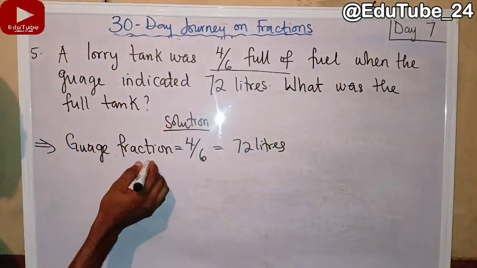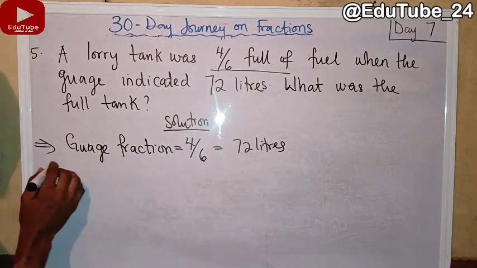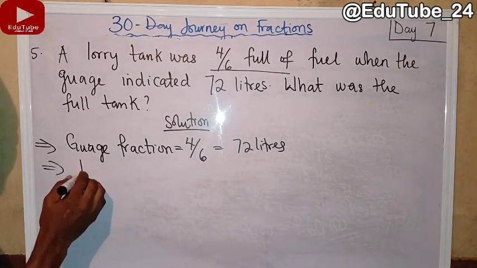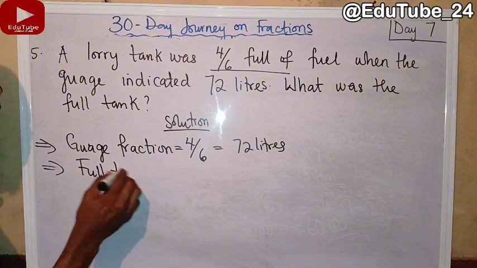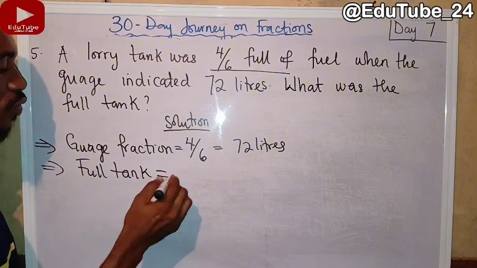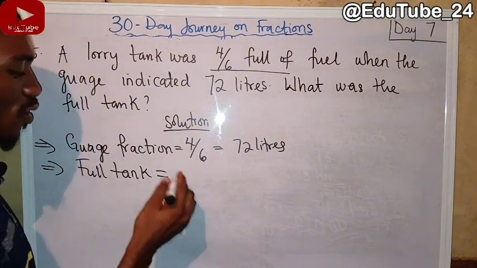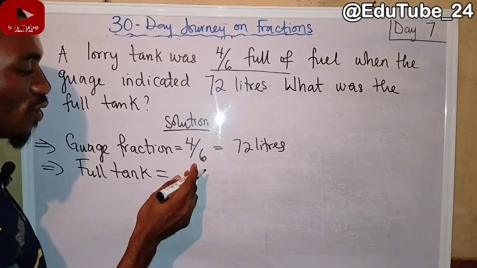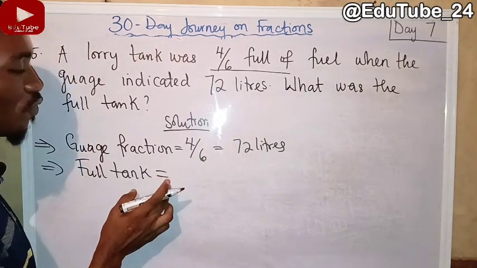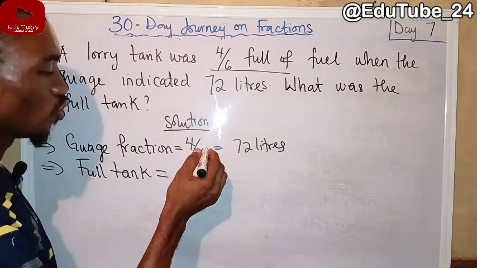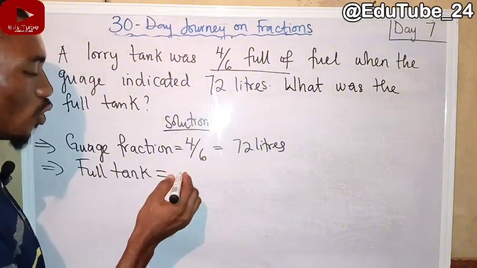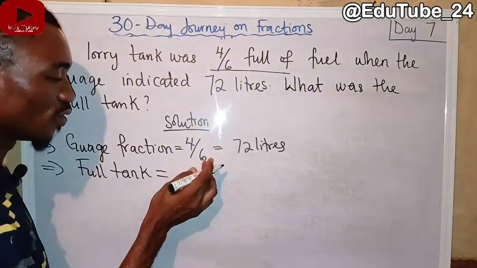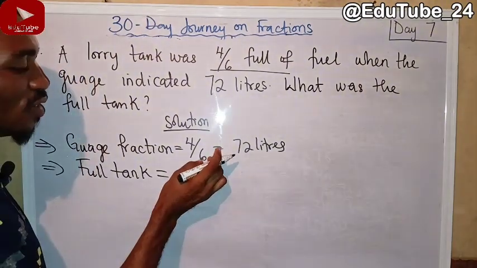So this is the present gauge fraction, and then we say full tank. Full tank will be 6/6. To find the amount of the full tank, we are going to use this 6 denominator. We are going to flip it over, invert, because this 6 in actual sense represents the full tank.